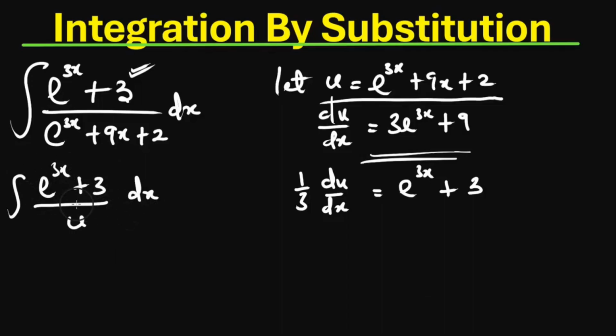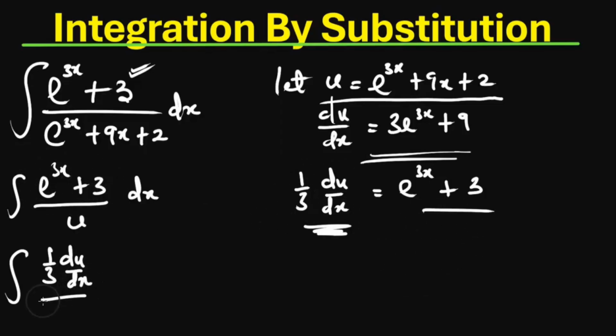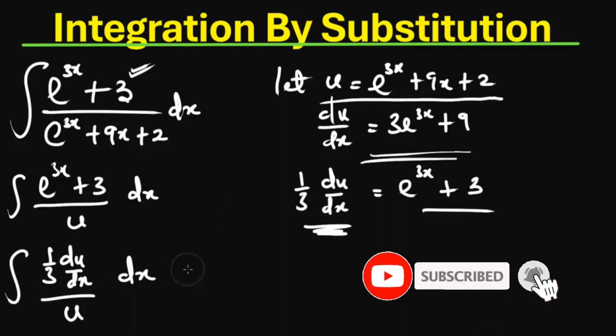So this e^(3x) + 3, we can equate to this guy that we have right here, just as we have it here. So this now becomes 1/3 du/dx. We have replaced e^(3x) + 3 with this, then divided by u, then multiplied by dx.